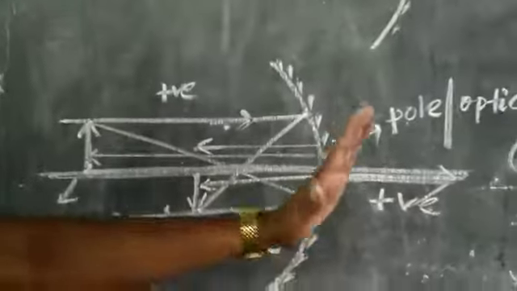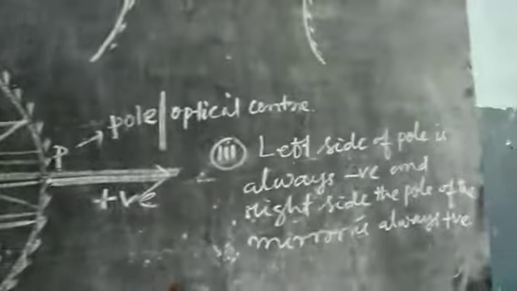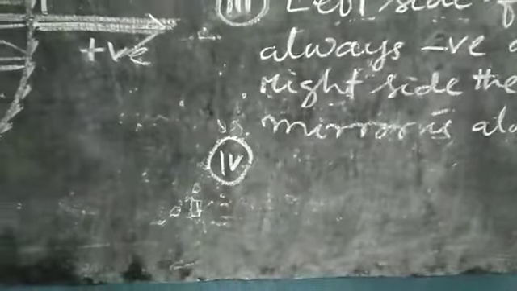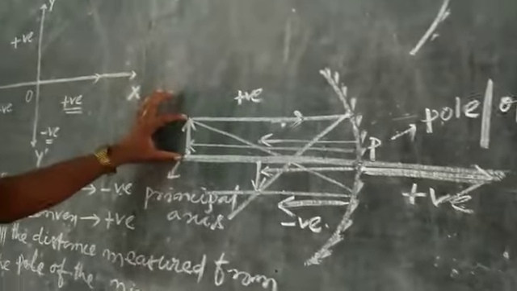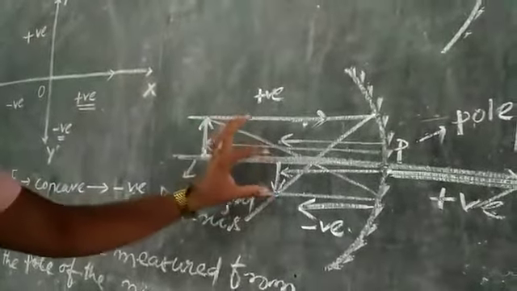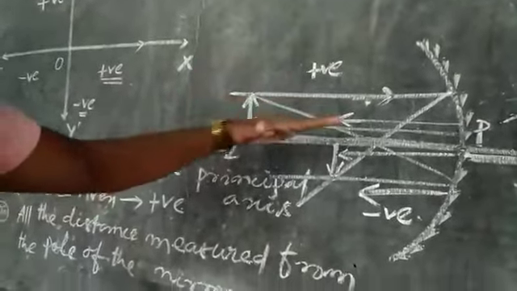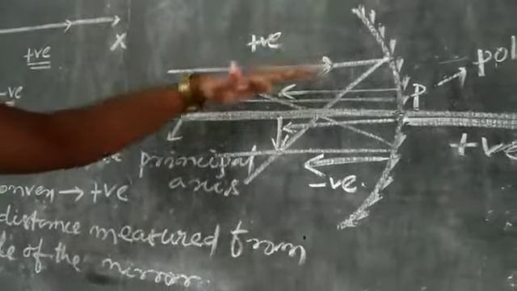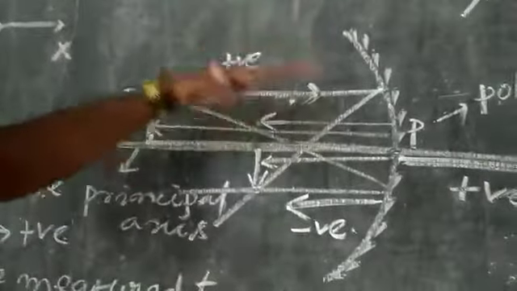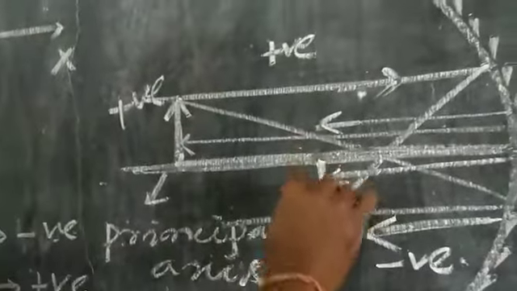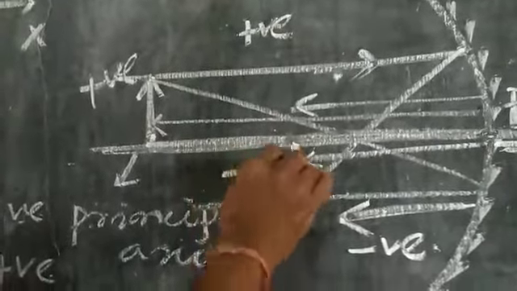There are 4 rules, and the last rule is about the height of the object and the height of the image. The height of the object when it is upward from the principal axis is always positive, and downward it is always negative. Clear?